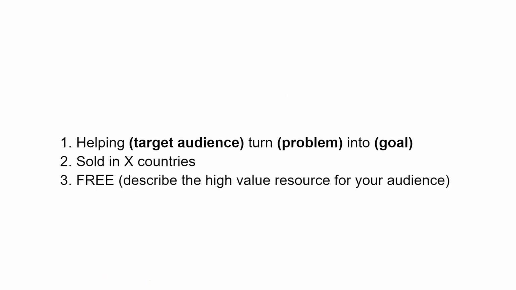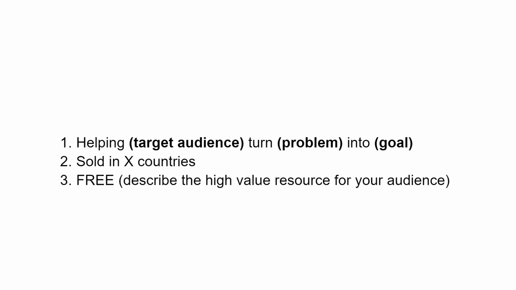So again, just to recap, your bio should have 3 lines in it. The 3rd line should be related to your freebie or the link that you want them to click in your bio. It doesn't have to be for a freebie. It could be something to purchase, but it should be a call to action related to the link. Then the 2nd line should be some sort of thing that provides authority.